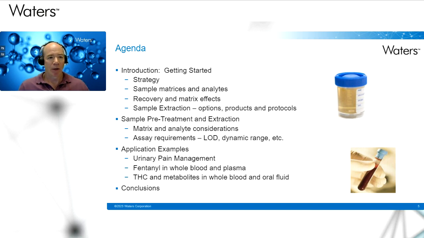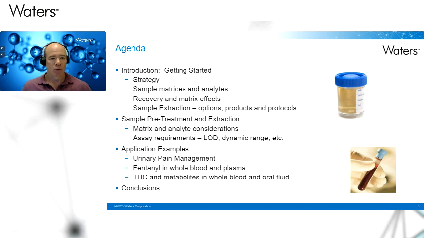We'll then talk about the sample matrices and analytes we have to deal with in the forensic toxicology world. I will talk about recovery and matrix effects, which is how we generally assess the quality of our extraction. And then we'll launch into some of the options for sample extraction techniques, products, protocols, things like that. How do we go about it?